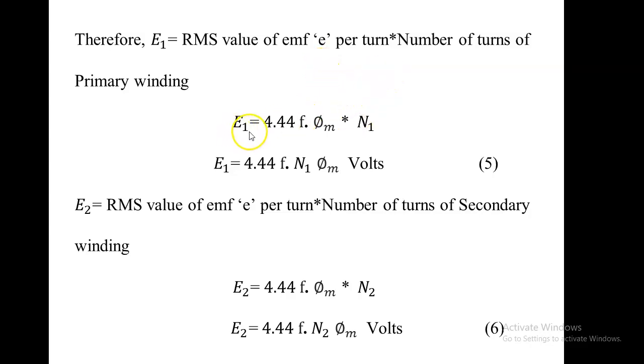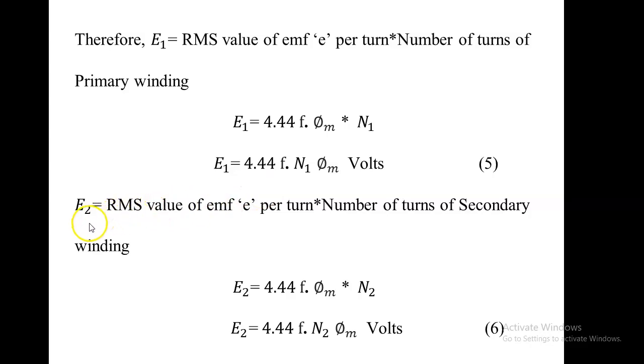So E1 equals the RMS value of induced EMF per turn, which is 4.44 f into phi m, multiplied with the number of turns of primary, N1. So E1 equals 4.44 f into N1 into phi m volts. Equation number 5 gives the RMS value of induced EMF across the primary winding.